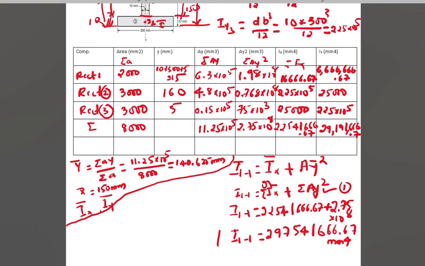So you got the value of I11. By substituting this value of I11 in the first equation, I11 is equal to Ix bar plus A y bar square.